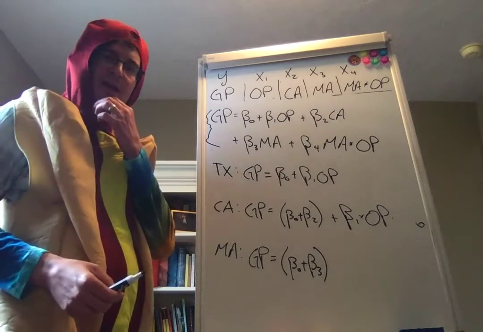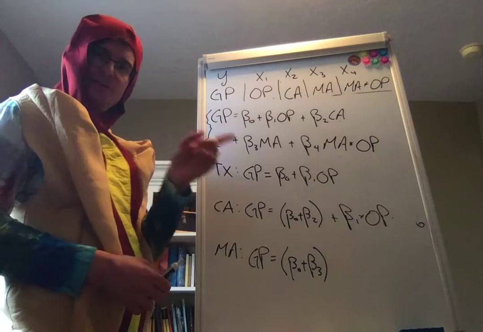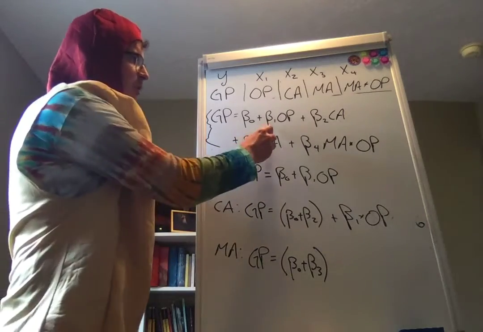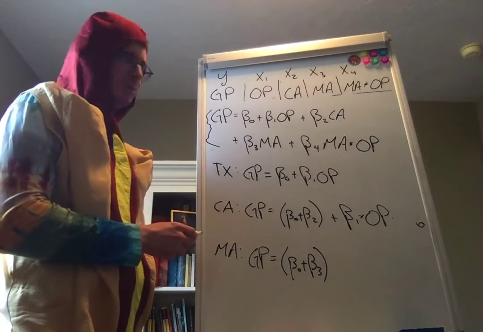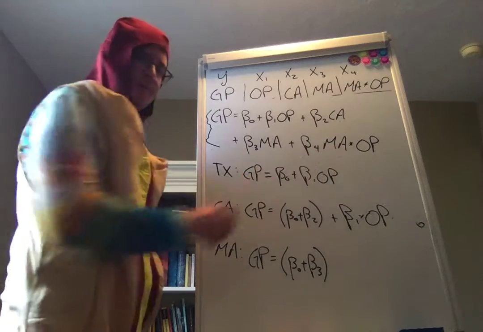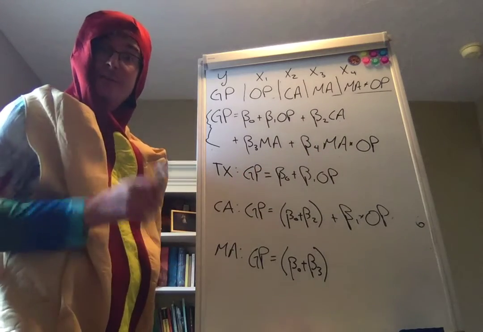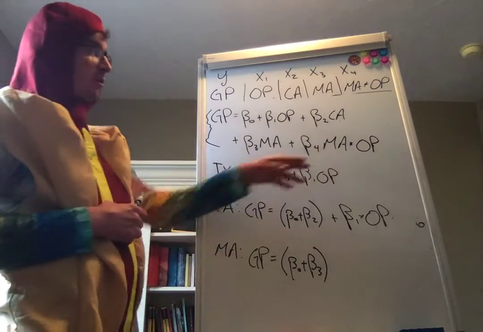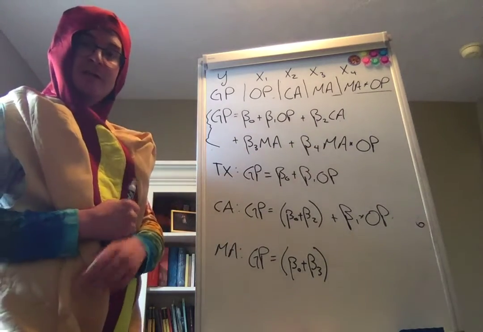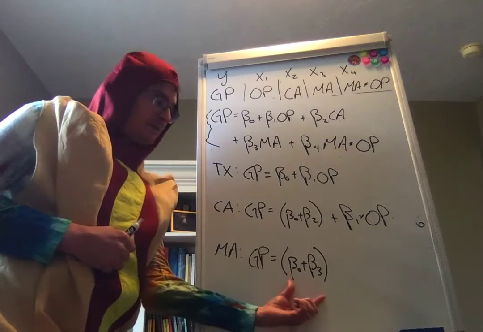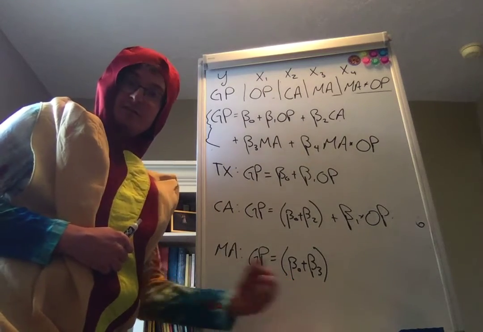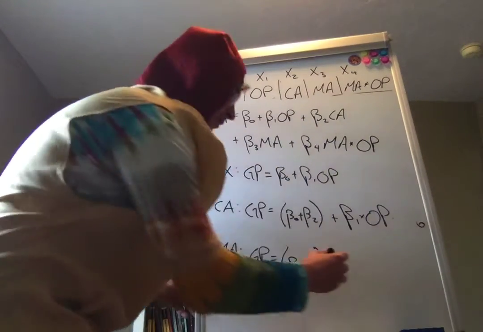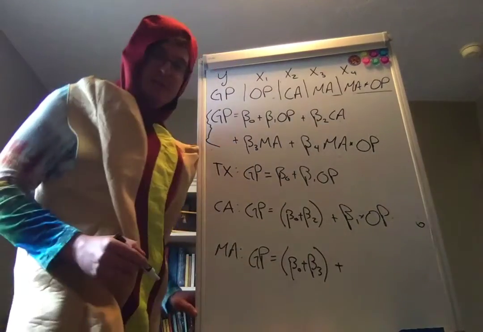But notice now I have another like term in this equation. Beta 1 times OP plus beta 4 times OP, those are like terms because they're being multiplied by the same variable. So by including this interaction term, not only am I allowing Massachusetts to have a different intercept, I'm also allowing it to have a different slope.